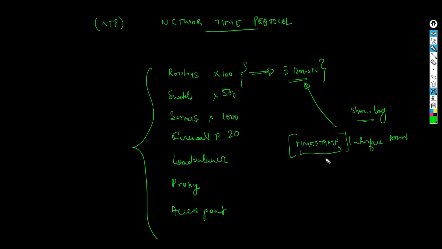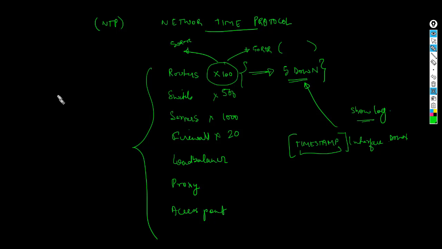Let's say out of these 100 routers, 50 had a proper timestamp, and the other 50 were outdated and maybe following some different timestamp. Now troubleshooting becomes very difficult, right?